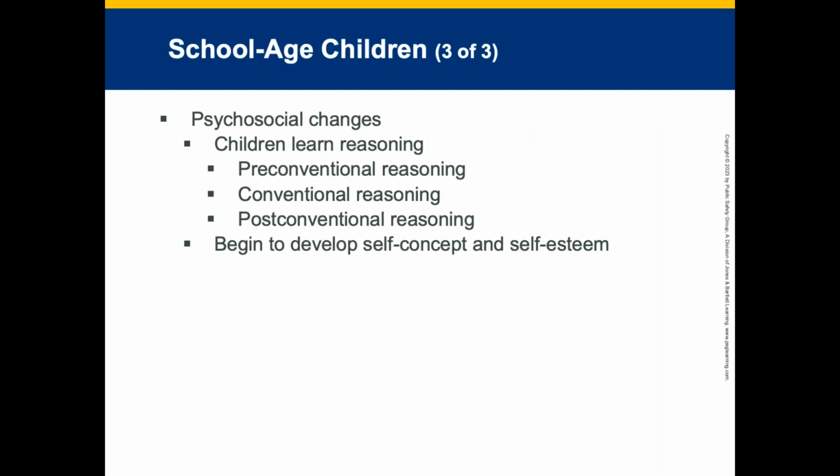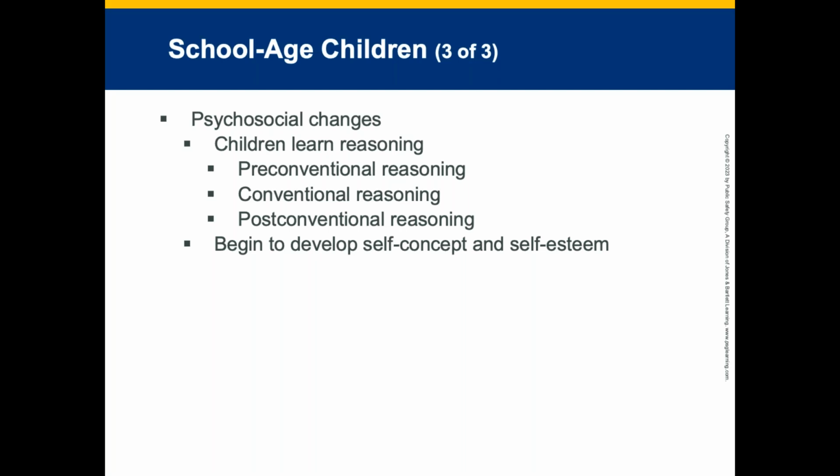Some other psychosocial changes with this is the crucial time in development where the child learns various types of reasoning. So preconventional reasoning being one, where a child acts almost purely to avoid punishment and get what they want. My goodness, do they ever. Conventional reasoning, where a child looks for approval from their peers in society.